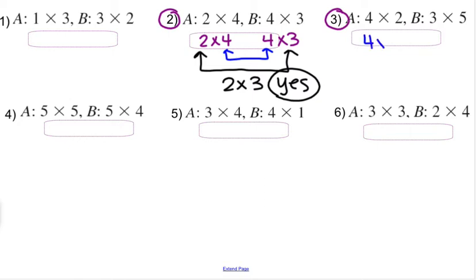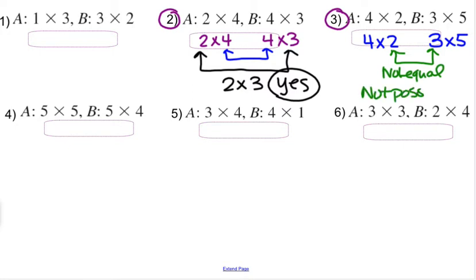We have a 4 by 2 and a 3 by 5. We go to the inside two numbers, 2 and 3. They are not the same. They're not equal. So what that means then is we cannot multiply these two matrices together. So we are done. We just say they are not possible.